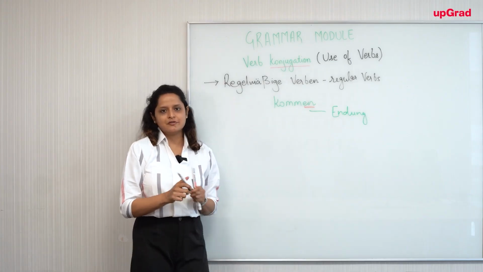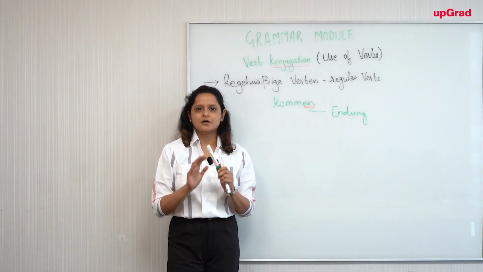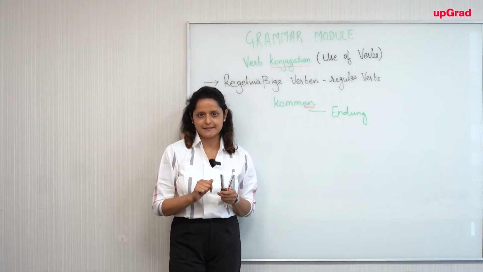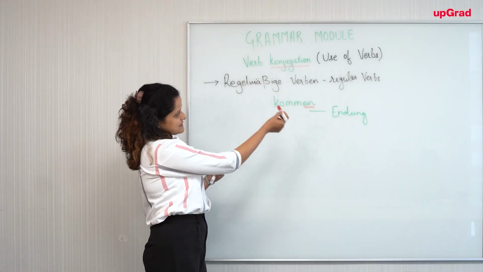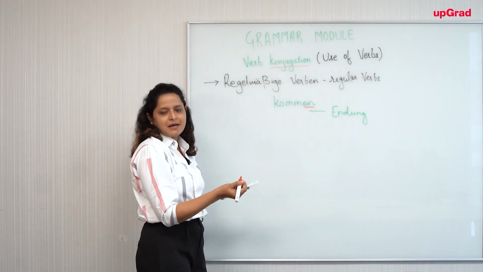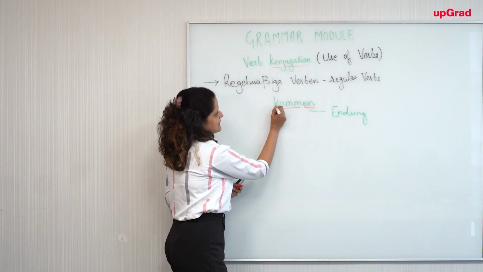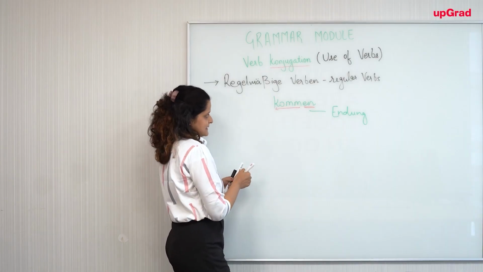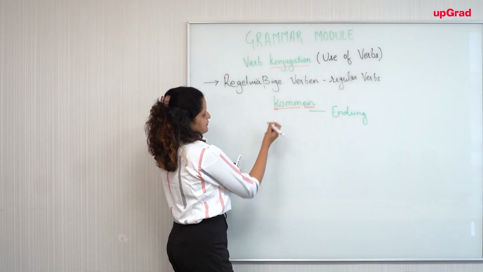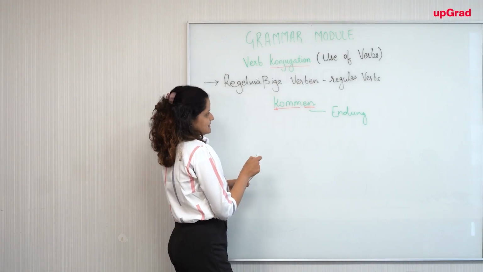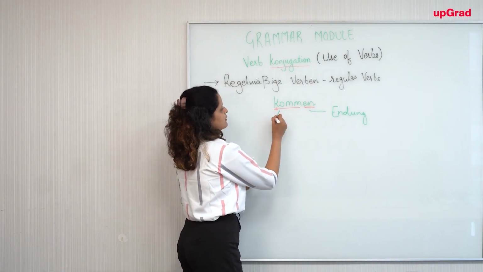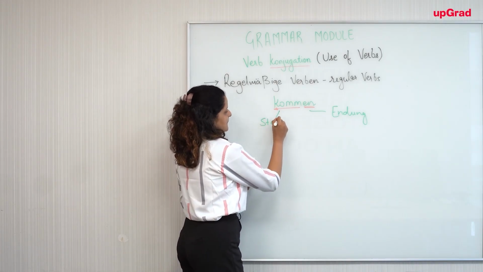So in its basic form, a verb will have an en ending. It doesn't matter how long or short your verb is, whatever falls before this en is called the stem.